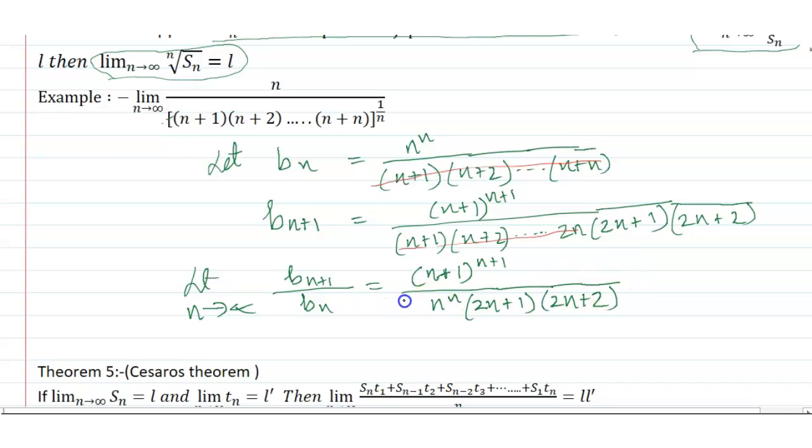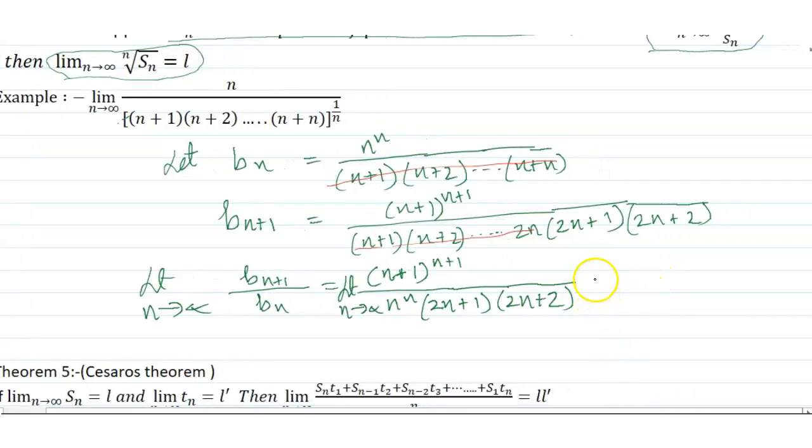Now I have to write in here limit n tends to infinity. Now you see that limit n tends to infinity 1 plus 1 by n whole to the power n.